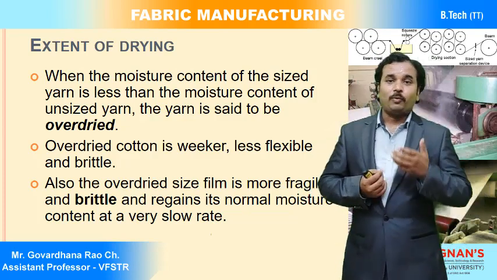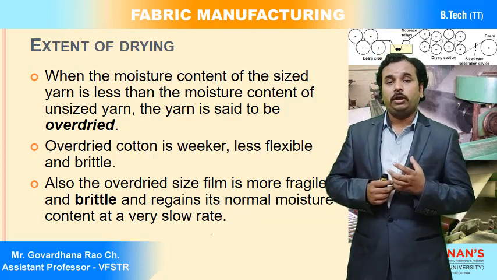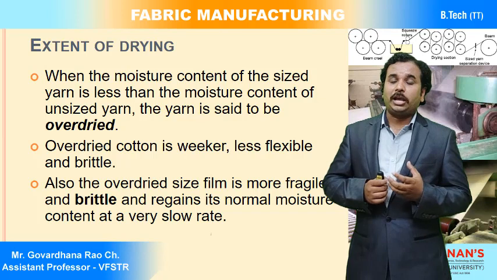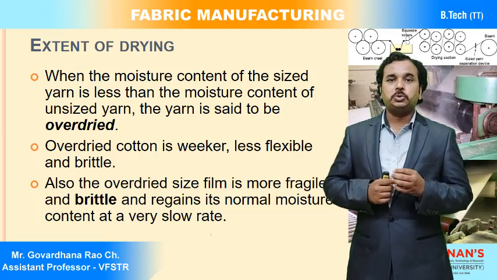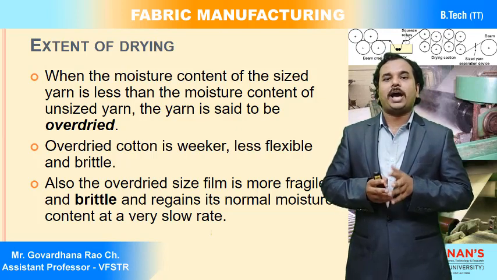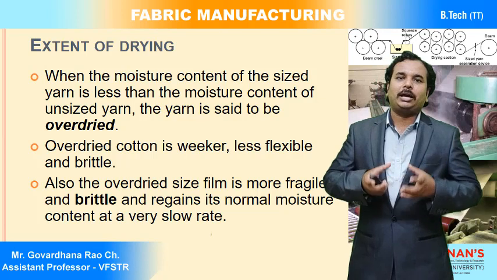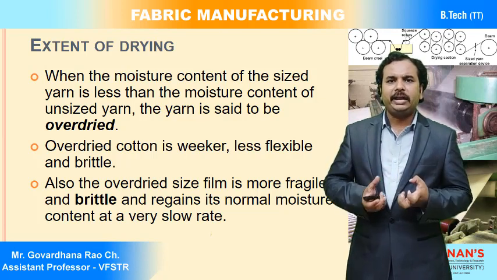Over drying is also going to cause many problems in the weaving zone. In the weaving elements, the warp sheet is divided into two layers, and it passes through several mechanical parts, such as heald wires and reed ends.